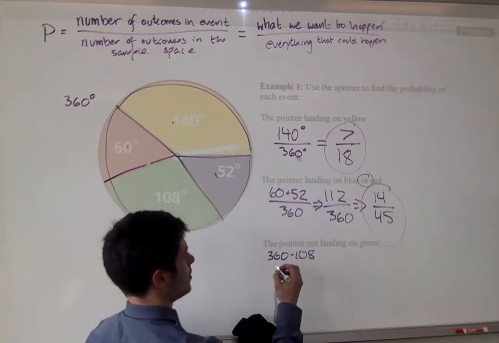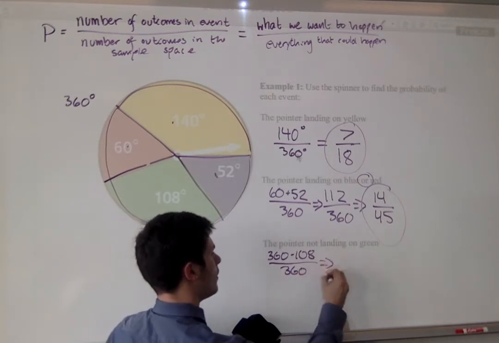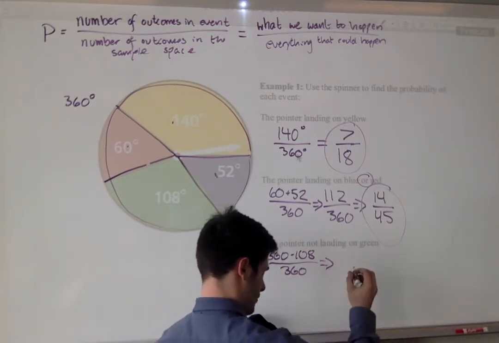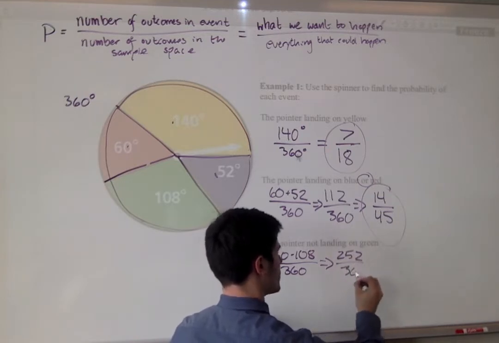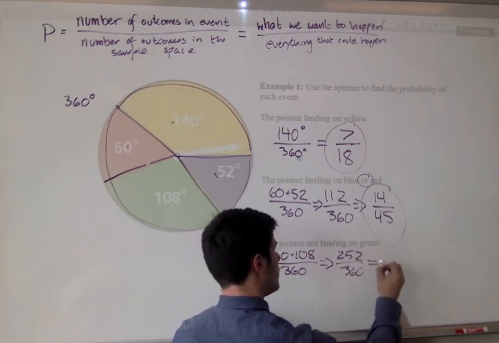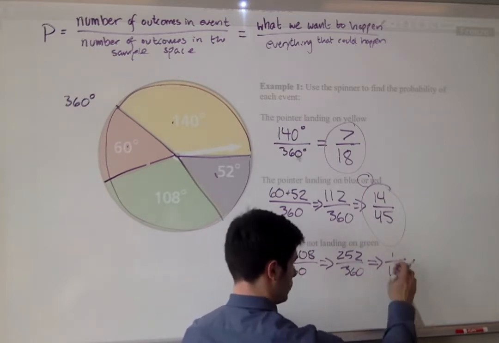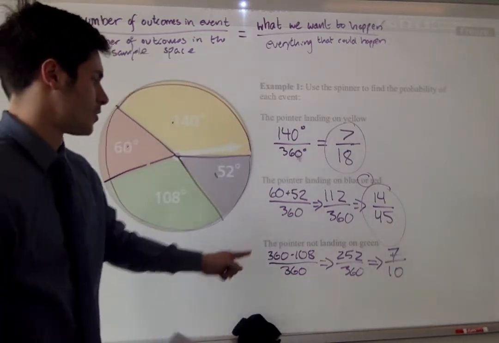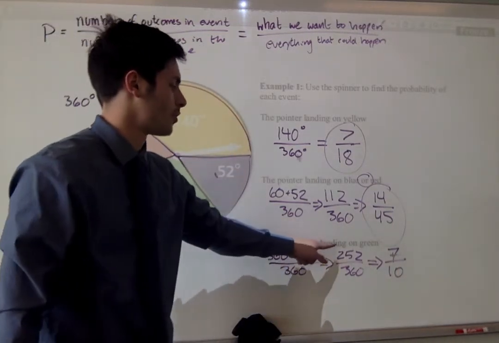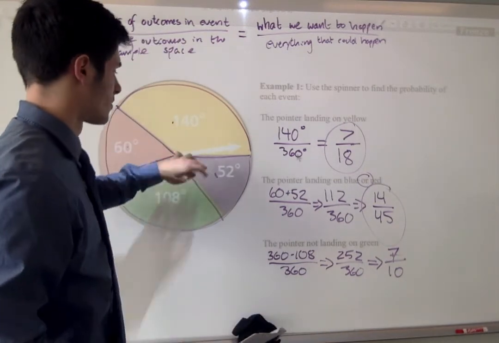So we'll do 360 minus 108 over 360, and that'll bring us to 252 over 360, which, believe it or not, is 7/10. So the probability of the pointer not landing on green, so landing on anything else, is going to be 7/10.